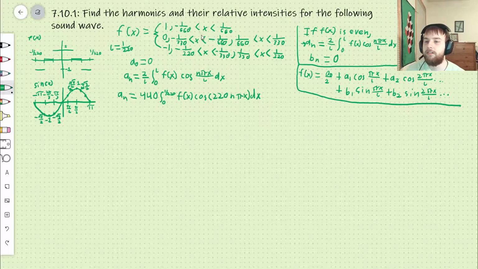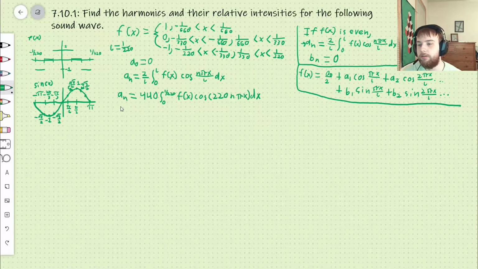So once again, since our f of x is a piecewise function, we need to split up the integral over all of these pieces. But you can see that over this middle section, remember the sum is going from here to here, we're going to multiply by 0, so we can get rid of that part of it.